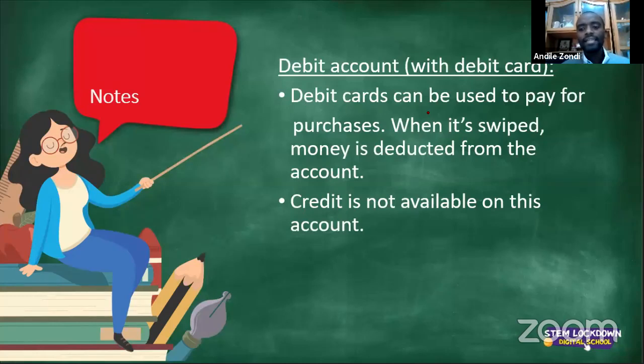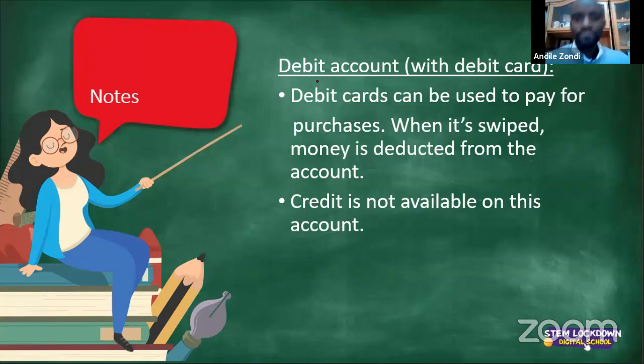Debit cards can be used to pay for purchases. When you swipe, money is deducted from your account. Credit is not available in this account. So if you're using a debit account and you no longer have money in your account, then you cannot do any purchases, unlike a credit card.